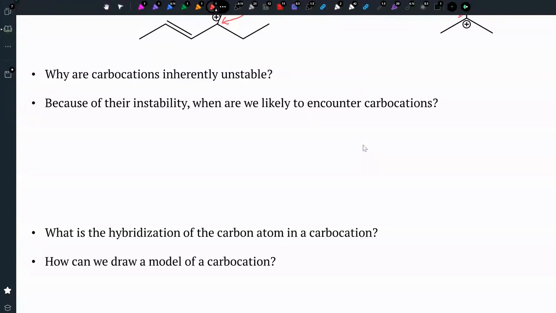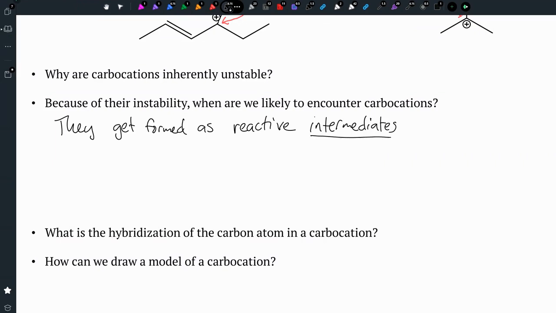So when do they exist? You'll never have a bottle full of carbocations because of that instability. We're likely to see carbocations only as reactive intermediates. That's a term we haven't necessarily used before, but an intermediate is a molecule or ion, a species that gets formed in the middle of a reaction.